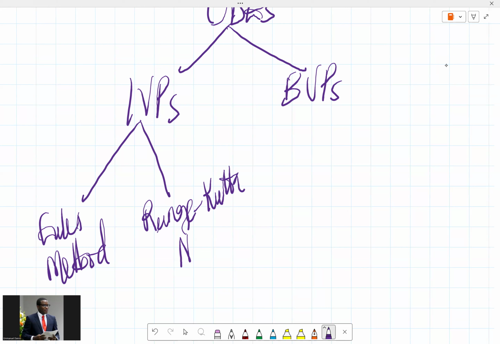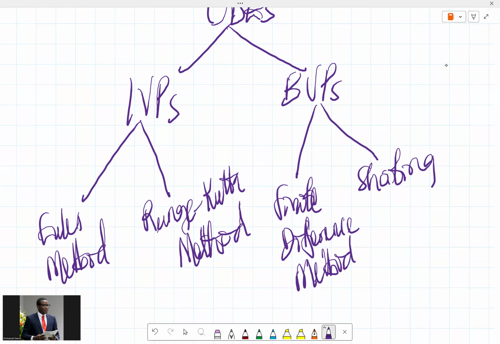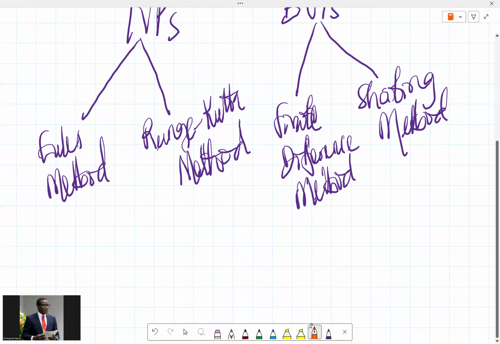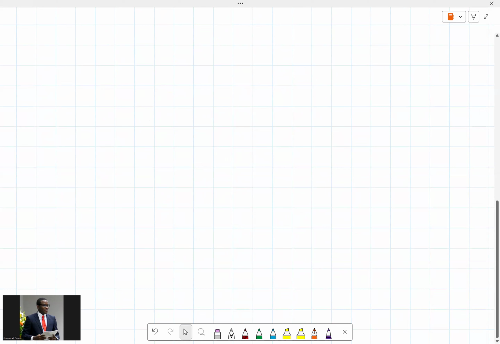There are a couple of Runge-Kutta methods, but the most popular one is the fourth order, which we'll be considering in the next video. For the BVPs, we identified the finite difference method and the shooting method. In this video, we focus on the Euler method for initial value problems for ordinary differential equations.